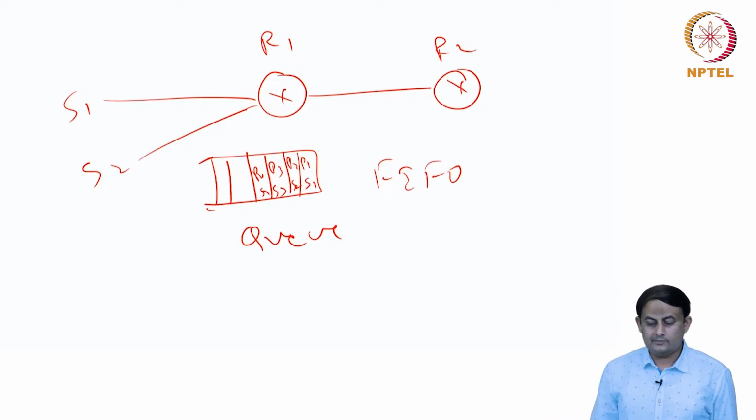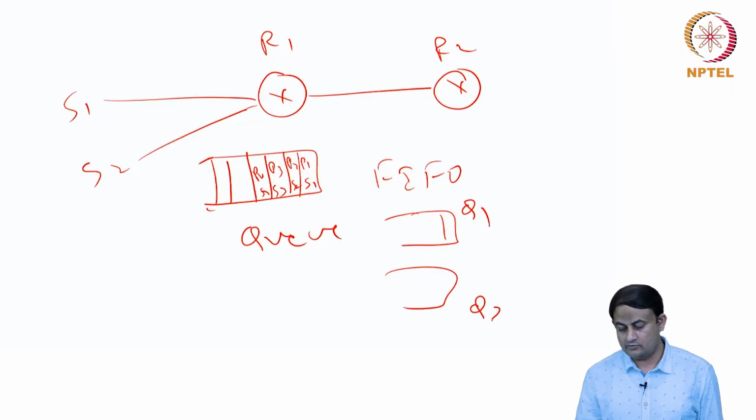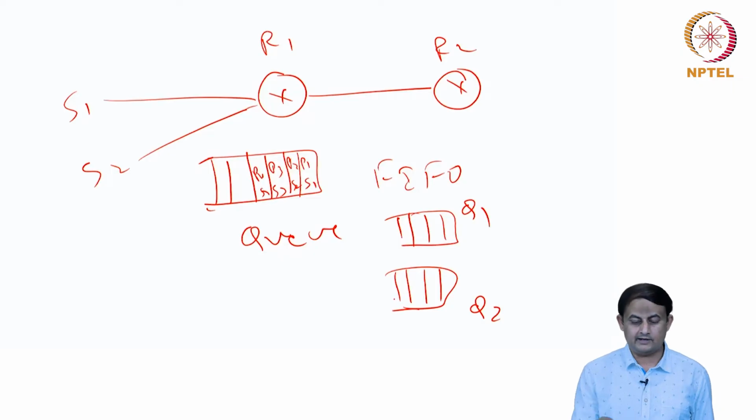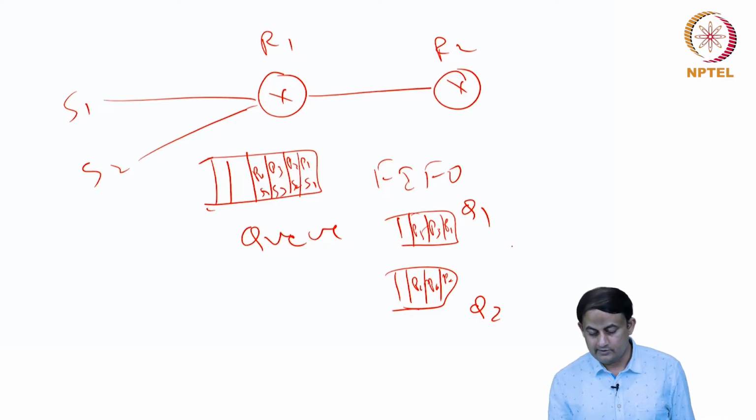So what you can think of is, instead of having a single queue, I might have multiple queues, maybe Q1 and Q2, and a simple way to visualize it, all the packets coming from the source S1, maybe P1, P3 and P5 are put in queue number 1, and all the packets coming from source number 2, P2, P4 and P6, something like this, are put in the second queue. And there is a component which is sitting ahead of this one. This is called the scheduler.